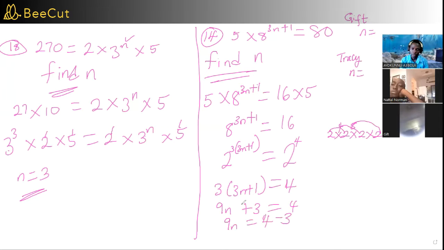You take the 3 to the other side. What is 4 minus 3? That is 1. So 9n equals 1. Then you want to find n, so divide both sides by 9. So n equals 1 over 9.